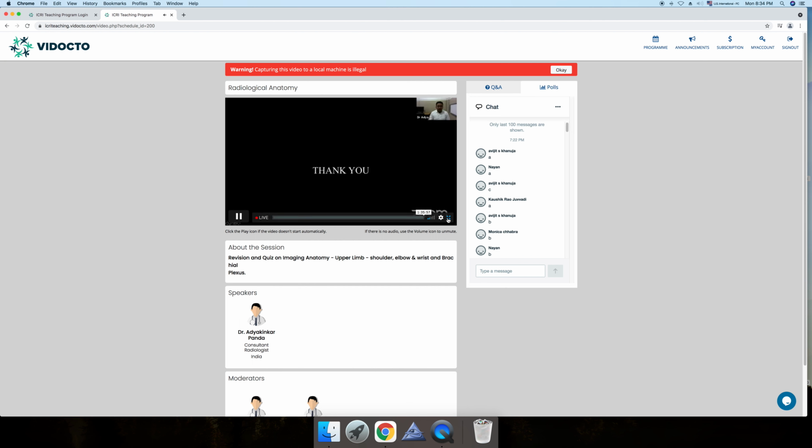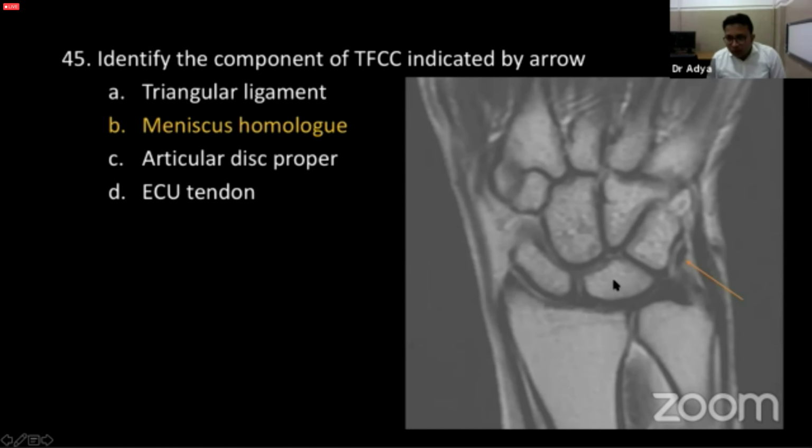Okay. So this image is the MR image. Now the TFCC, this will be the disc proper, which will arise from the articular disc over this radial corner.